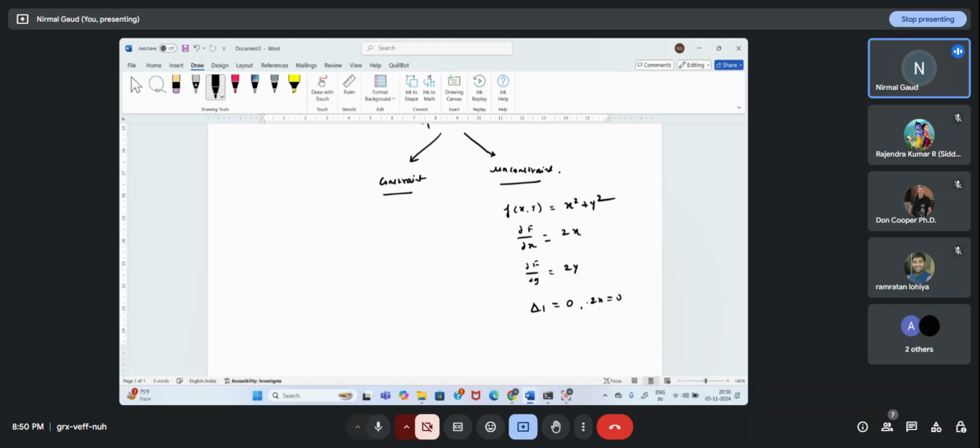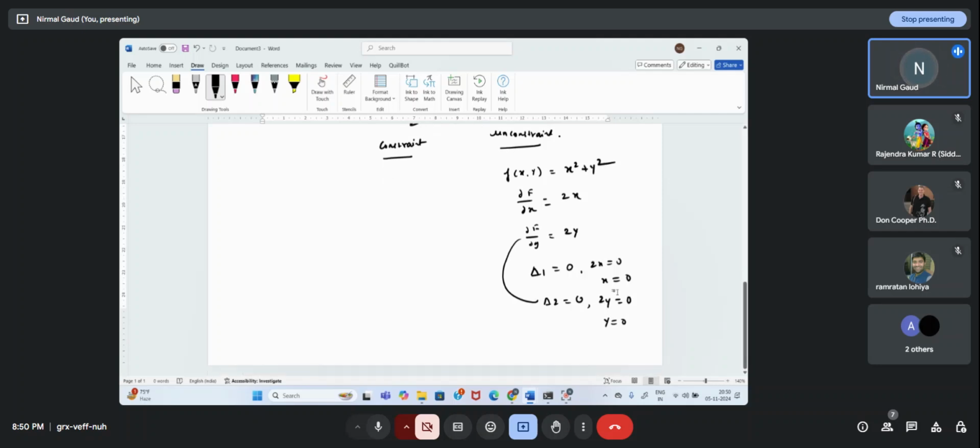So 2x equal to 0, so x equal to 0. Similarly, del f by del y, so that is also 0. 2y is also equal to 0, so y equal to 0. In linear regression, logistic regression, we were having the same thing, like we were solving for m and b. Okay, and they were not under any constraint. We did this thing only.